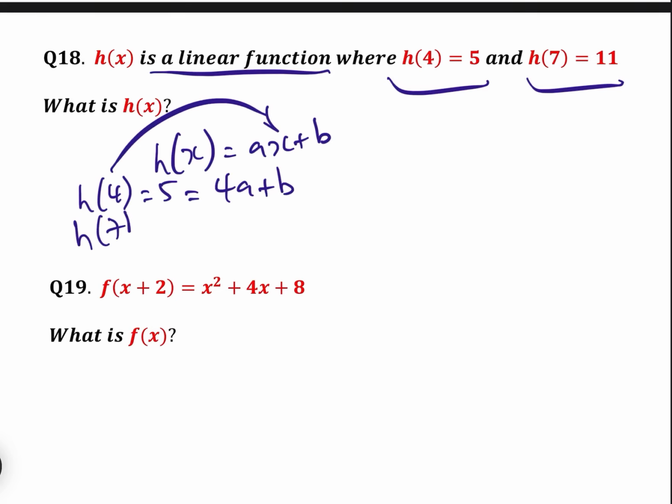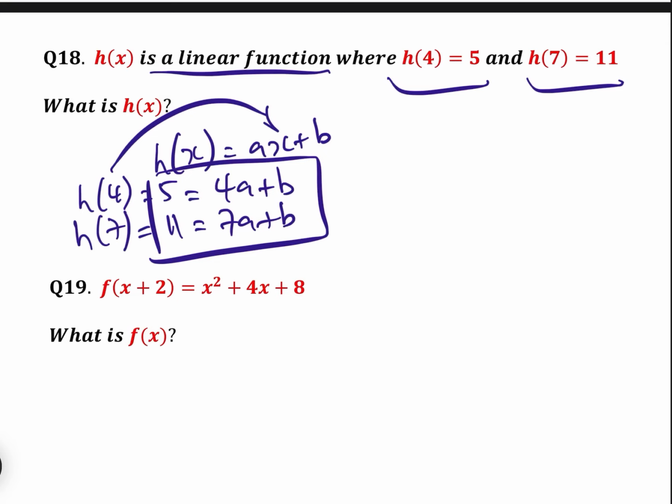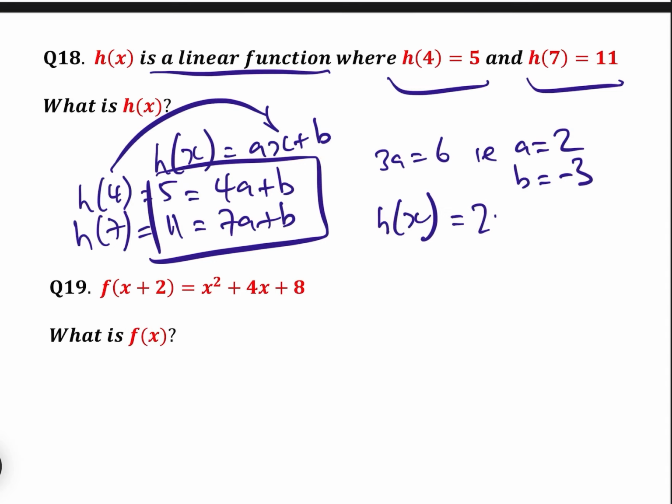And we know that h of 7 equals 11, which is 7a add b. So we have two simultaneous equations here. So all we've got to do is take one away from the other, and that gives us 3a equals 6, i.e. a equals 2, and then just plugging either one of those in, we get that b equals minus 3. And so therefore h of x, which is what the question is asking, is 2x minus 3.